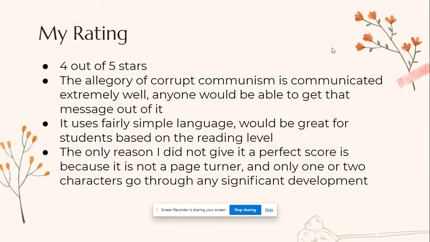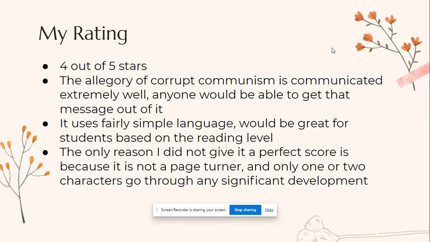So, my rating for this book, I give it 4 out of 5 stars. The allegory of corrupt communism is communicated extremely well. I think anyone would be able to get that message out of it. And I like that because a lot of times with books, unless you're an English major or you're just really good at taking the message out of books, sometimes it's hard to know what the theme or message of the book was supposed to be. But that is not the case with this one.